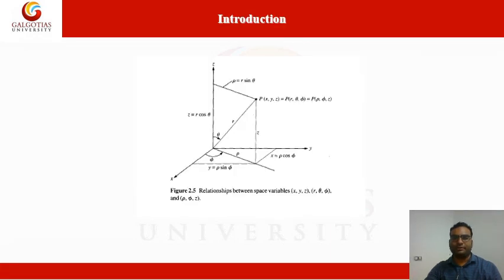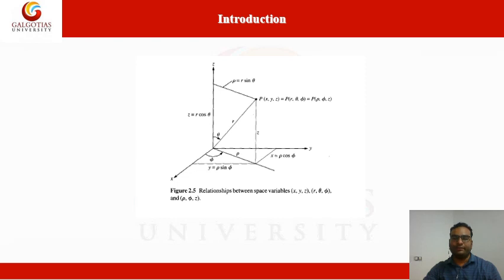So let us revise some basic concepts of these coordinate systems. As we all know, there are three coordinates: x, y and z. And in the last class we discussed all these things: in rectangular we have three coordinates x, y, z.